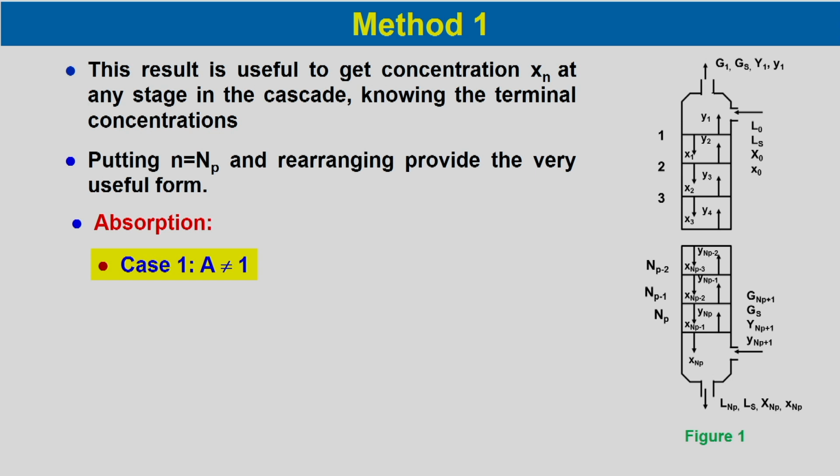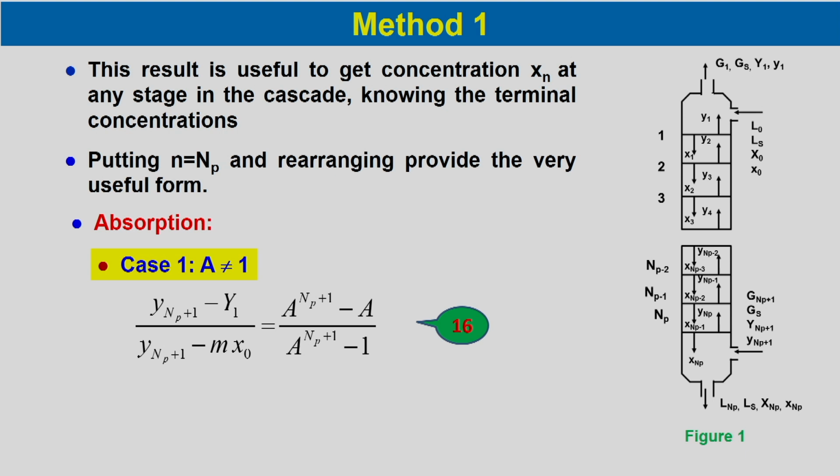Now, in case of absorption, we will consider a few cases. One is when the absorption factor is not equal to 1. In that case we will obtain from that equation: y n p plus 1 minus y 1 divided by y n p plus 1 minus m x naught is equal to a to the power n p plus 1 minus a divided by a to the power n p plus 1 minus 1.